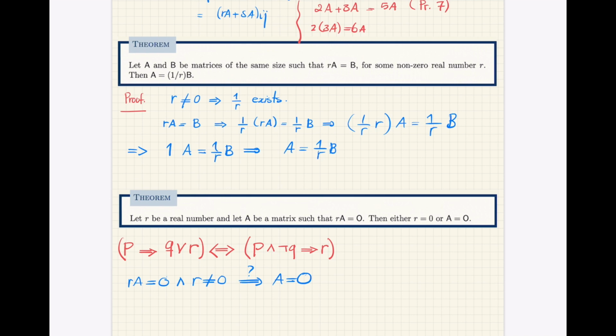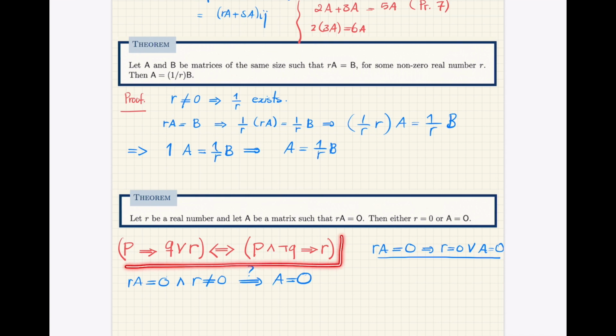The problem is written in this form: if this is equal to 0, then R is equal to 0 or A is equal to 0. The statement that you see in the problem is of this type, but I am claiming it was very evident for us that these two are equivalent.